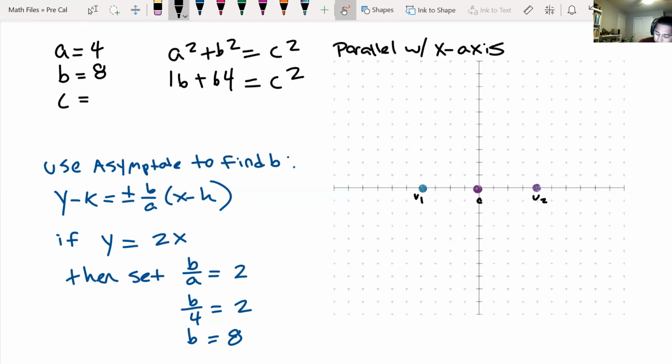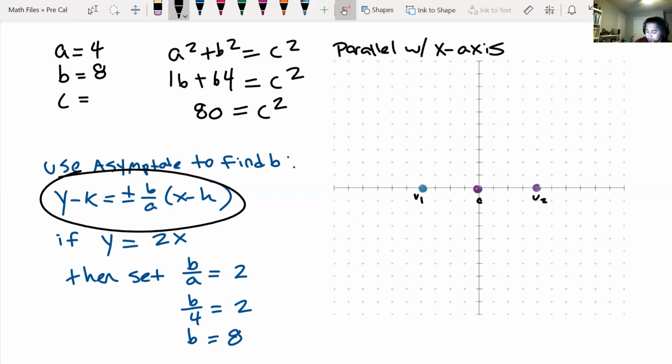You good, Ethan, or no? Honestly, not really. So they gave us A by giving us the vertices, right? Right. So now we plot the vertices, we get the center, but now they're also giving us the asymptote. Since we're parallel with the x-axis, this is the formula we would use for the asymptote, right?